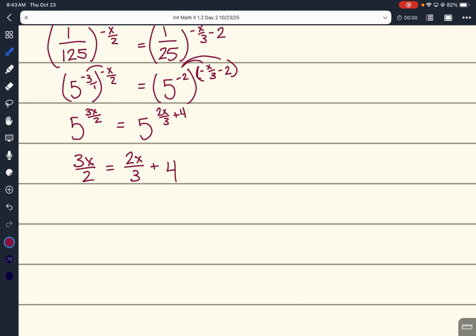So it's still finding common denominators, but for some reason our brains like it better. So what do I have in my denominators? What are the two numbers? 3 and 2. So what is the one number, the smallest number that 3 and 2 both go into? 6. So I'm going to multiply everything out here by 6.